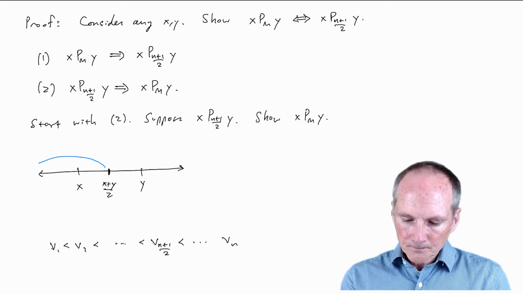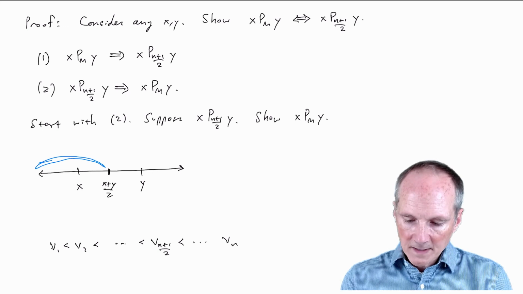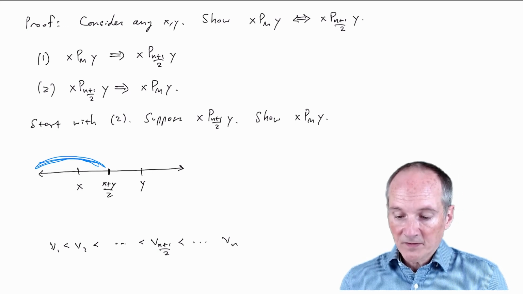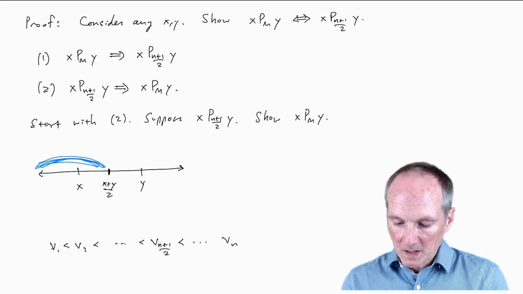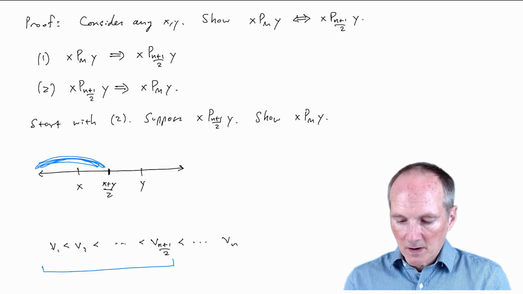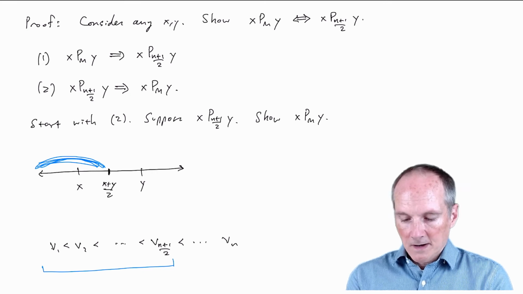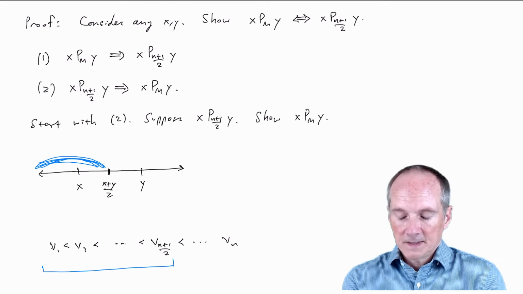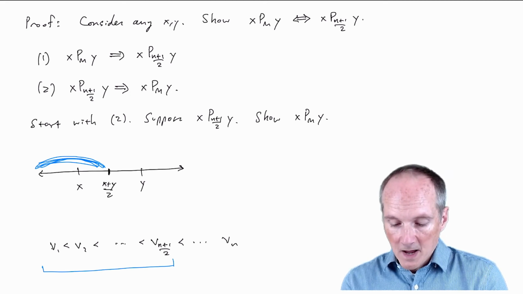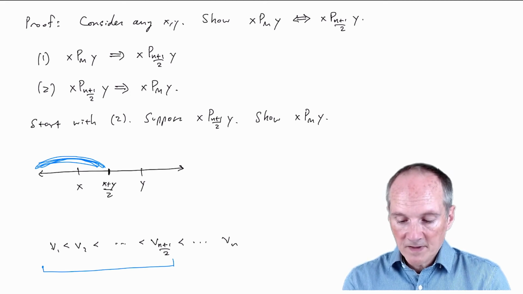Now, suppose the median prefers X. So the median ideal point is somewhere over here to the left of that midpoint. Okay, but then by assumption, all these guys to the left of the median, with indices that are smaller, are also to the left of that midpoint.